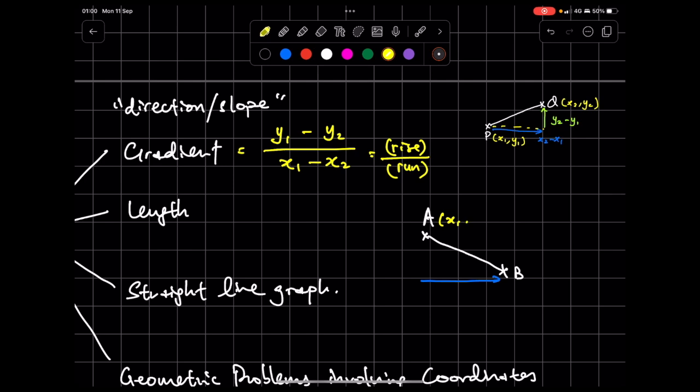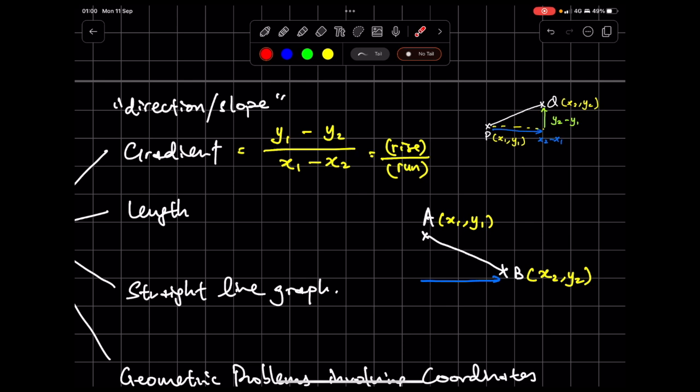Let's say A is given by coordinates x1, y1. B is given by coordinates x2, y2. Basically they're just numbers, but you know that from left to right, x1 is on the left and x2 is on the right, which means x2 is a bigger number, or a more positive number. I'm sure you've drawn quite a lot of graphs.